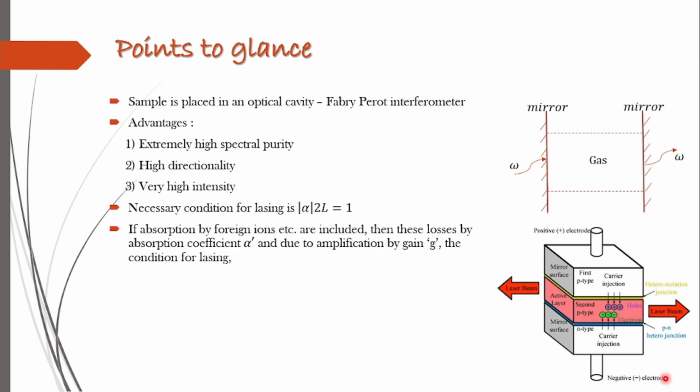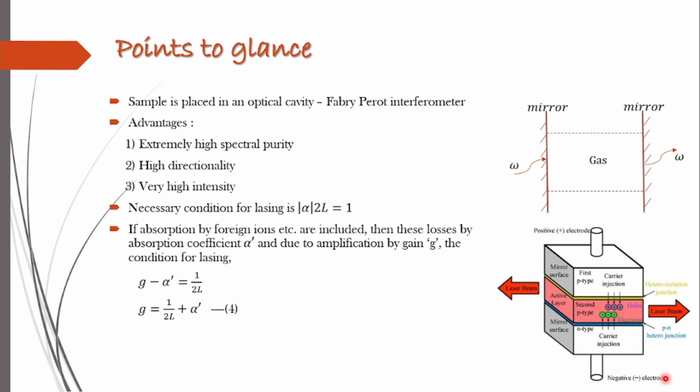So if absorption by foreign atoms or ions etc. are included, then we can represent all these losses by another absorption coefficient, that is alpha dash, and we can denote modulus of alpha due to amplification by gain G, and thus the condition for lasing changes to G minus alpha dash is equal to 1 divided by 2 into L. So on rearranging, we get gain G is equal to 1 by 2L plus alpha dash, which we are calling equation number 4.